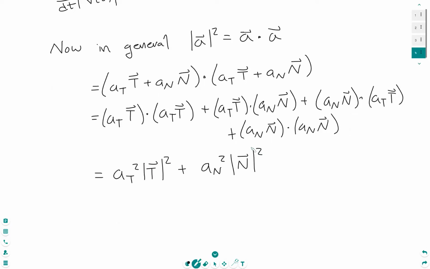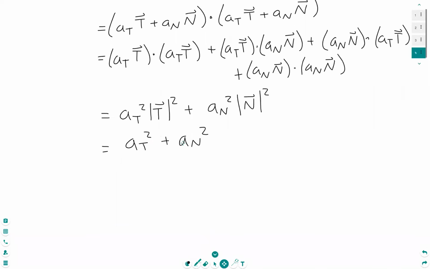But those are unit vectors. So we know their magnitudes, they're just 1. So I get at squared plus an squared. And that's just the Pythagorean theorem, really. Right? Our a is decomposed in terms of these orthogonal vectors. So the length of the hypotenuse is equal to each of those sides squared and summed together.